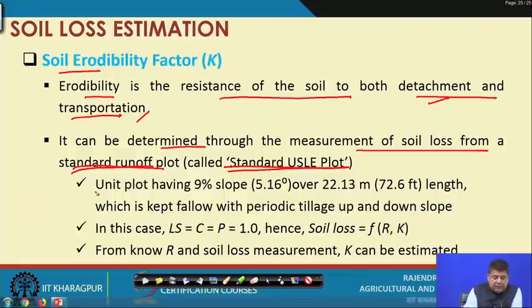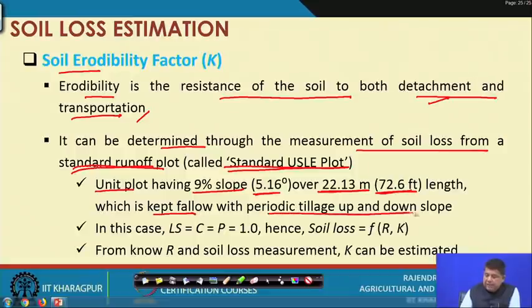It is a single plot having a 9% slope, or in degrees 5.16 degrees, and the length of the plot is 22.13 meters or 72.6 feet. And this plot is kept fallow with periodic tillage up and down slope.